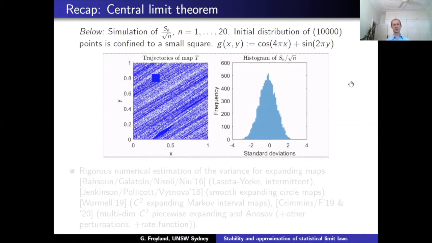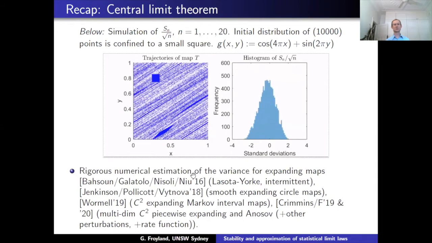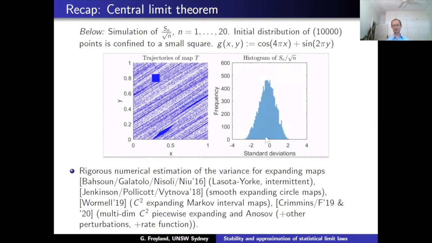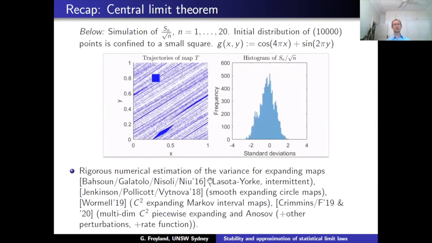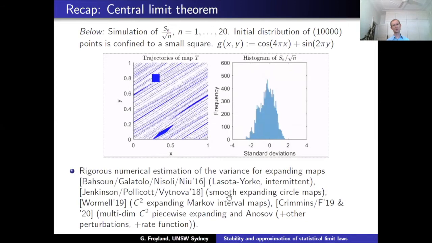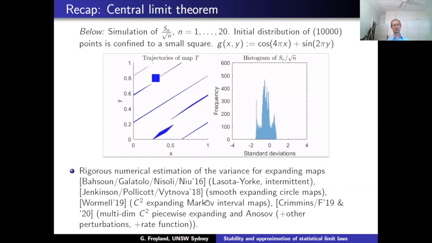One thing you can do, and people have been interested in recently, is to try to rigorously numerically estimate the variance of this normal distribution for a specific map and a specific observation function. And here are the recent works. These two middle ones are looking at expanding circle maps or full branch interval maps, which are simpler than what I've shown you here.